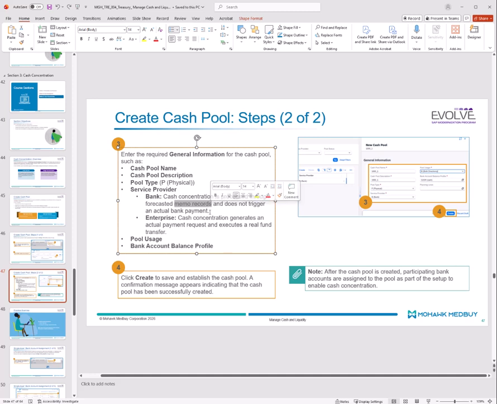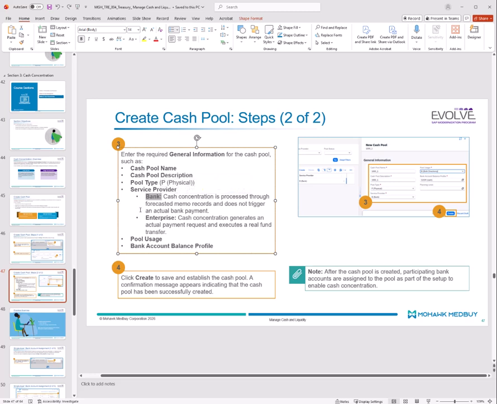Memo records are nothing but a temporary transaction or document in our system that shows that on a particular date funds will come into our system or go out. So for the bank, it's an inflow from one bank account to our other bank account, only for memo record purposes.